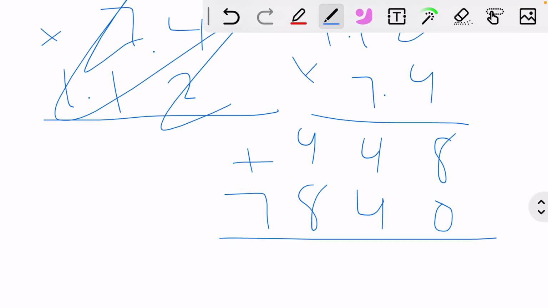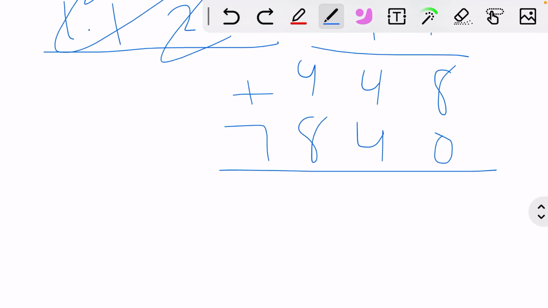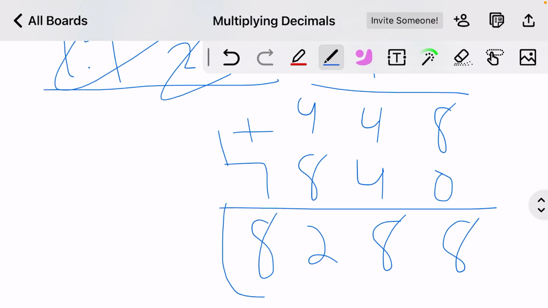So let's add these two products. It's going to give us 8, 8, 12, and another 8. So this right here is the number we get.